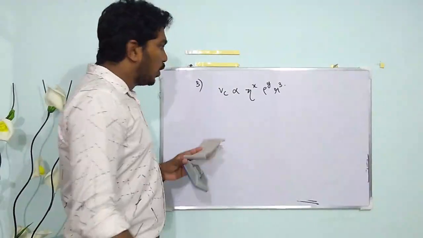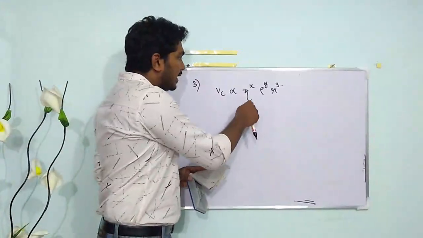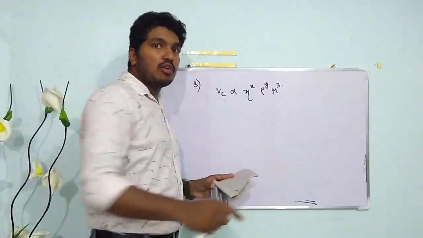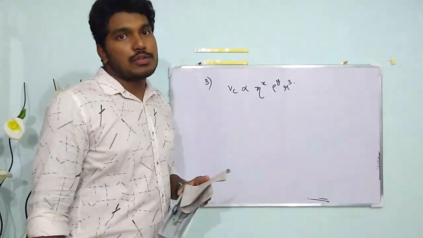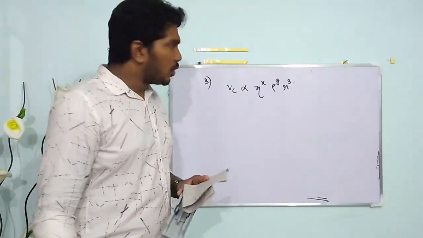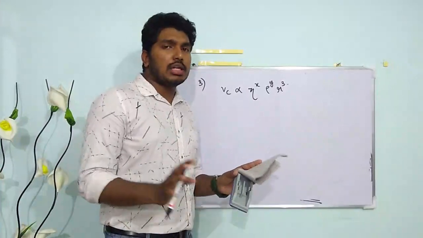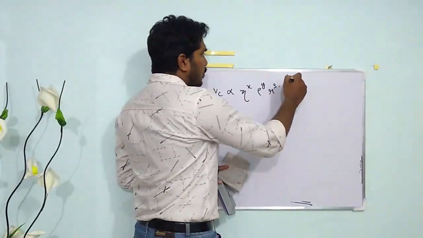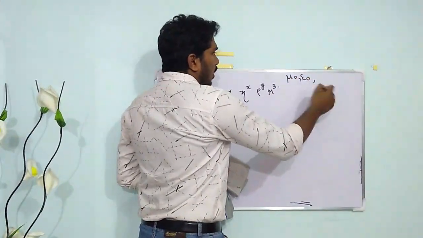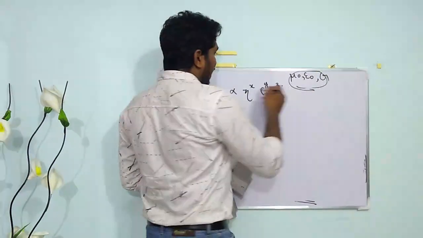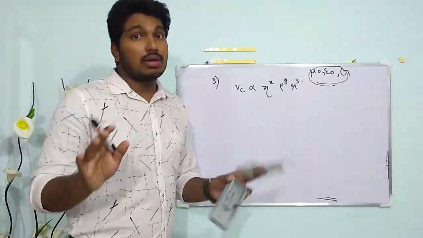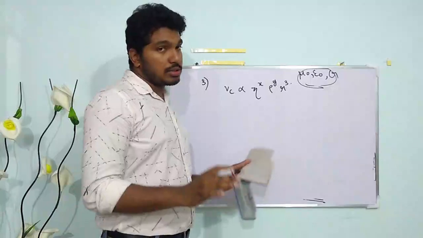Right? So for doing this question, you have to learn the dimensional formula for viscosity. Okay, so please make sure that you learn the dimensional formula for quantities like mu 0, epsilon 0, G and so on. And this eta and everything, you have to learn it. Okay, without learning there is no other way.